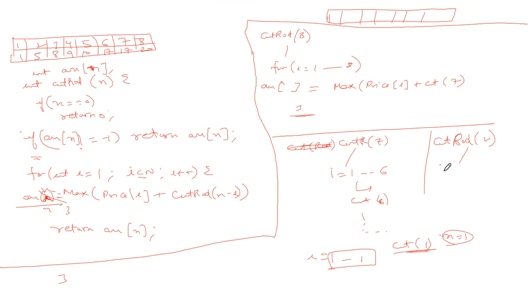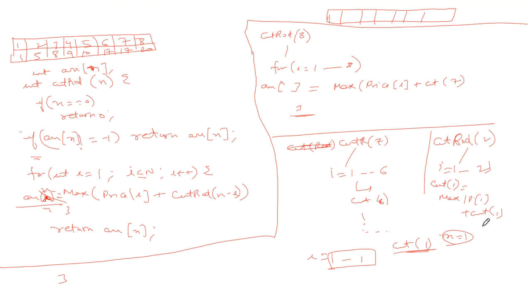Cut rod of 2 will run i equal to 1 till 2, so 2 iterations. Now cut rod of i will be equal to max of price of i, which is price of 1, plus cut rod of n minus i, which is 1.